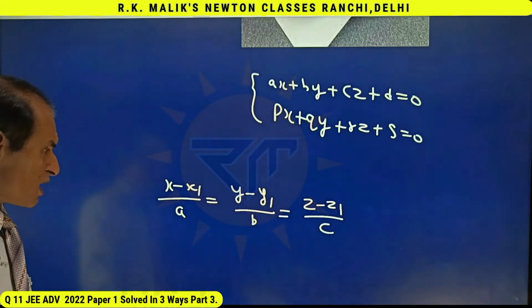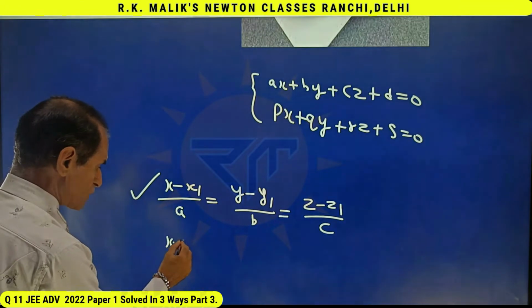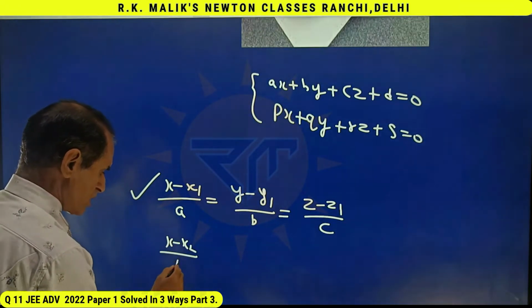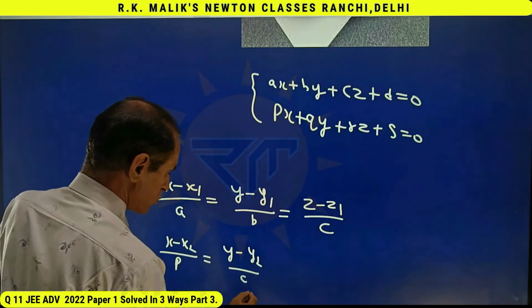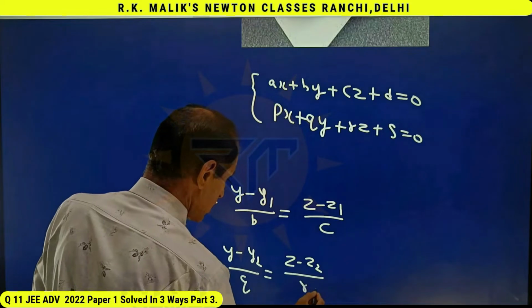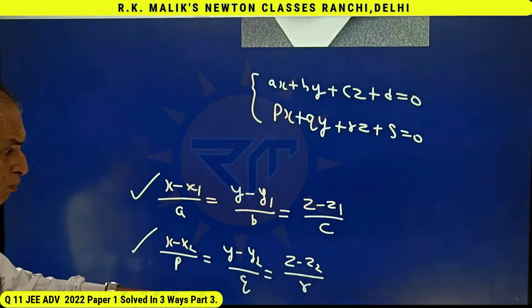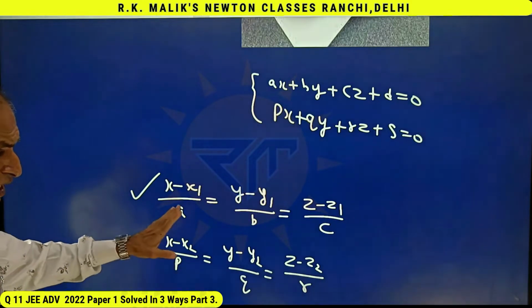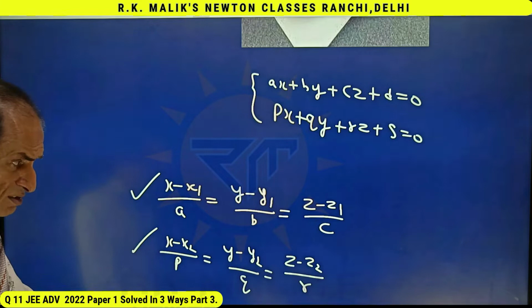If both the lines are of this form, that is, suppose the other line is (x minus x2) upon p, (y minus y2) upon q, (z minus z2) upon r, and I want to check whether the lines are coplanar or not, we directly use the formula for finding the shortest distance.